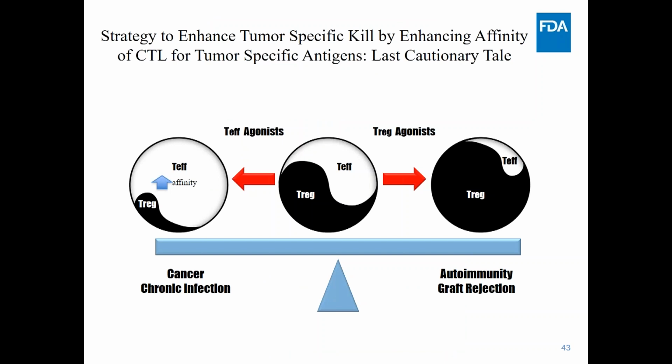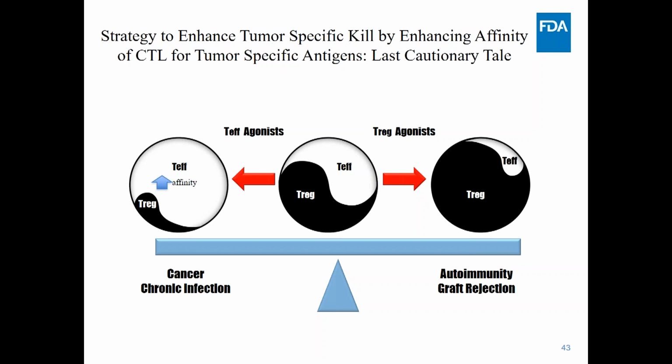So the last cautionary tale is that one of the strategies to enhance the T effector cells mediating tumor immunity is to increase the affinity. It was noticed that the T cells in patients with tumor infiltrating lymphocytes for lung carcinoma had low affinity, and this is to MAGE A3.